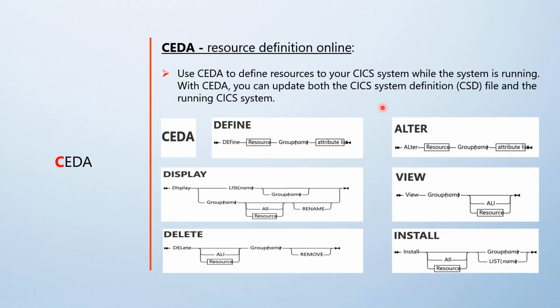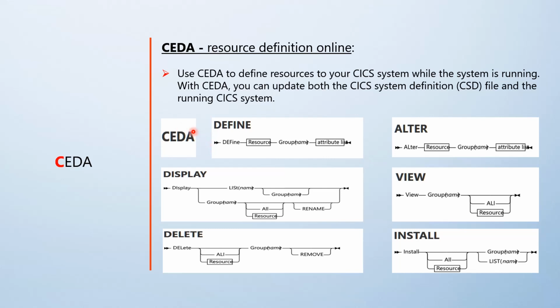So it's an easy way compared to defining resources using macros. Again, this is a partial set of the capabilities CEDA has. There are many more things CEDA can do.